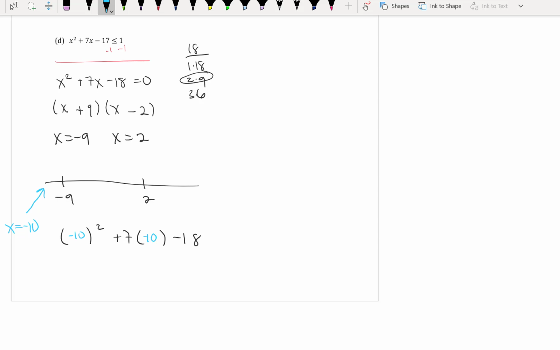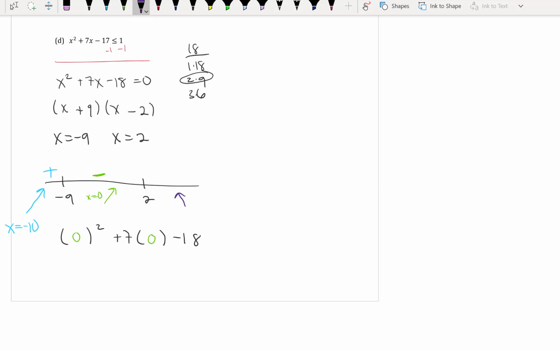Negative 10 squared plus 7 times negative 10 minus 18 gives me a positive value. Now let's plug in x is equal to 0 here, since 0 is between negative 9 and 2. That's going to give me a negative 18, so that's a negative value.